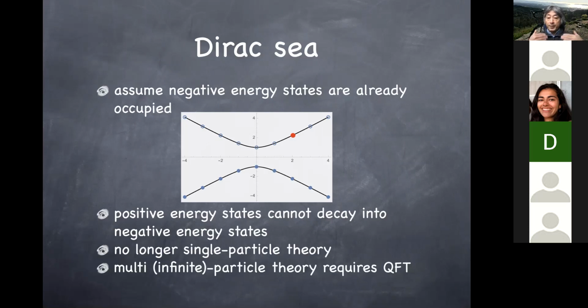So we talked about two attempts. The first one was the Klein-Gordon equation. It failed because of lack of probability interpretation. The second attempt was to make it consistent with the probability interpretation by making the equation a first order differential equation both in space and time. But now that you have these negative energy solutions, you have to again go to quantum field theory at the end of the day.